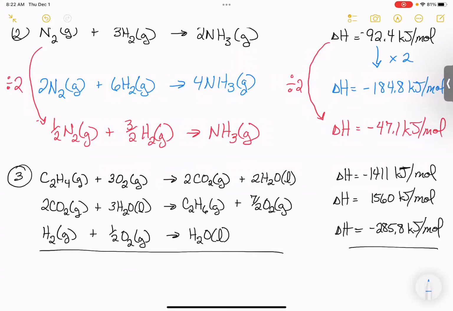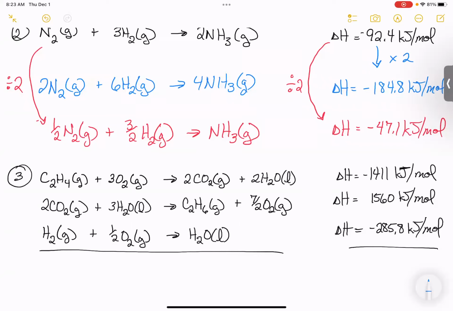Do I have C2H4 gas anywhere on the product side? If so, they would cancel, or up to the appropriate number. I have oxygen gas on the reactant side. Do I have oxygen gas on the product side of any of the reactions? If so, they would start to cancel. So that's what we're going to do to figure out what the reaction is: we're going to go back and forth and look at everything to see if we can cancel some stuff out.